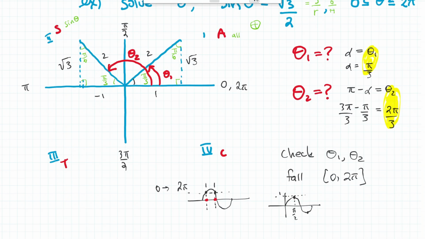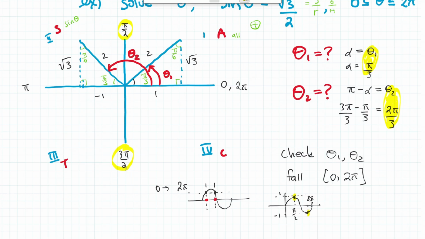And your minimum, a value of -1, you will only reach once, and that will occur at 3 pi over 2. So if you have a value that falls at either pi over 2 or 3 pi over 2, you will only have one answer, because that's either your maximum or your minimum of the function. So just be aware of that, but otherwise usually expect to find 2 solutions.